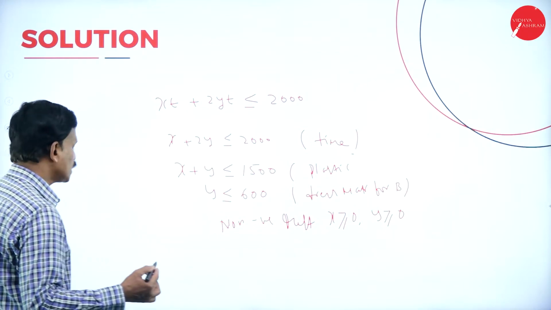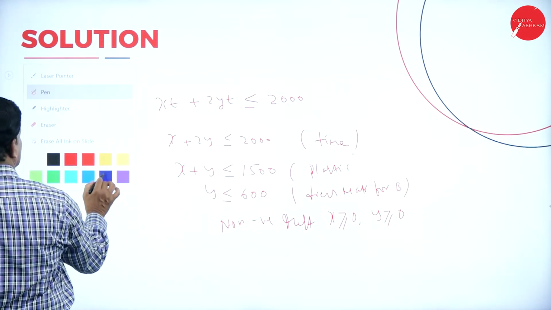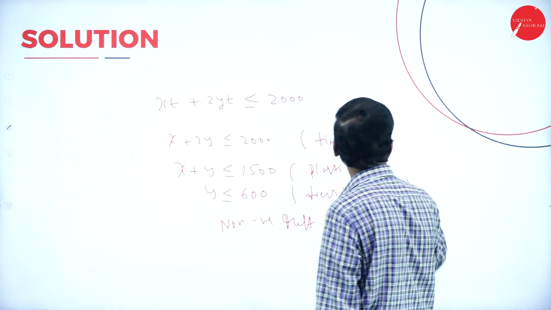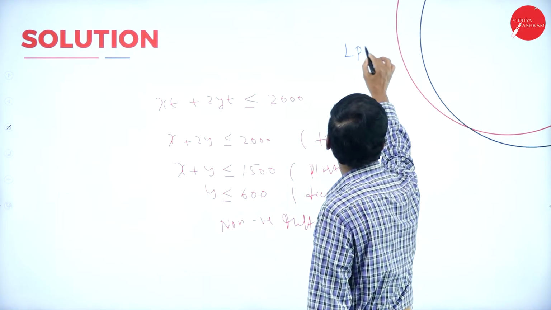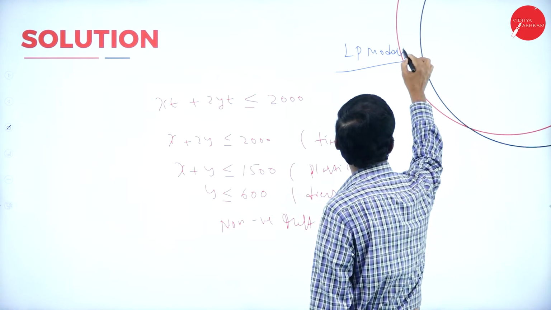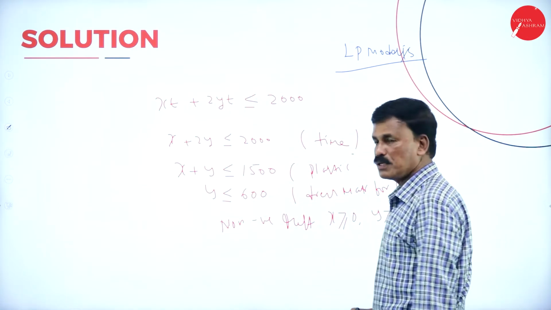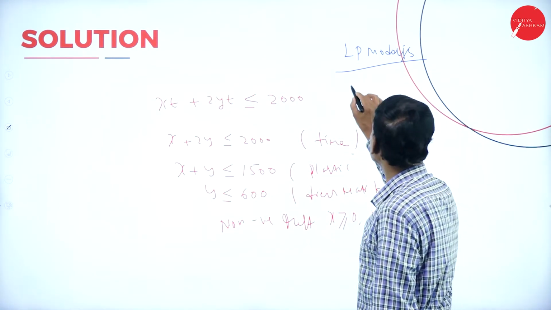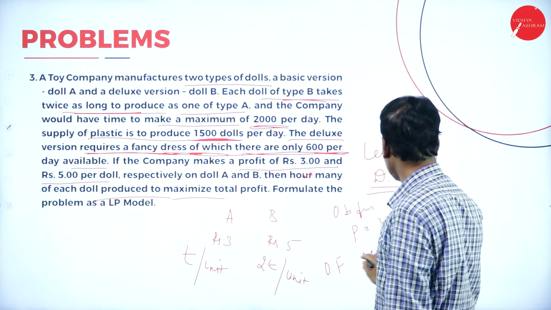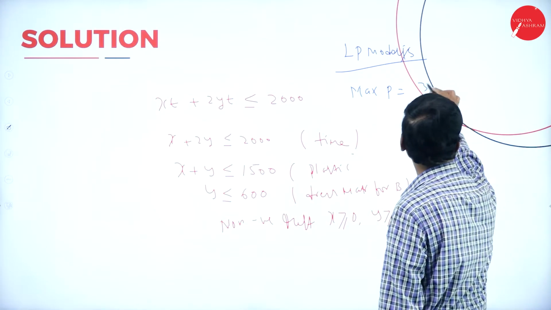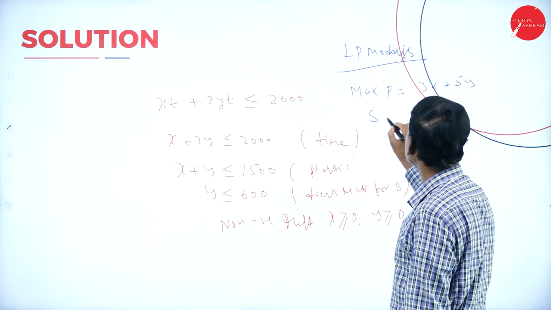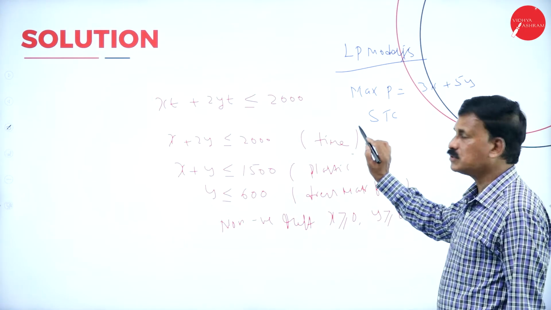So the required LP model can be written as: maximize P equal to 3x plus 5y, subject to the constraints.